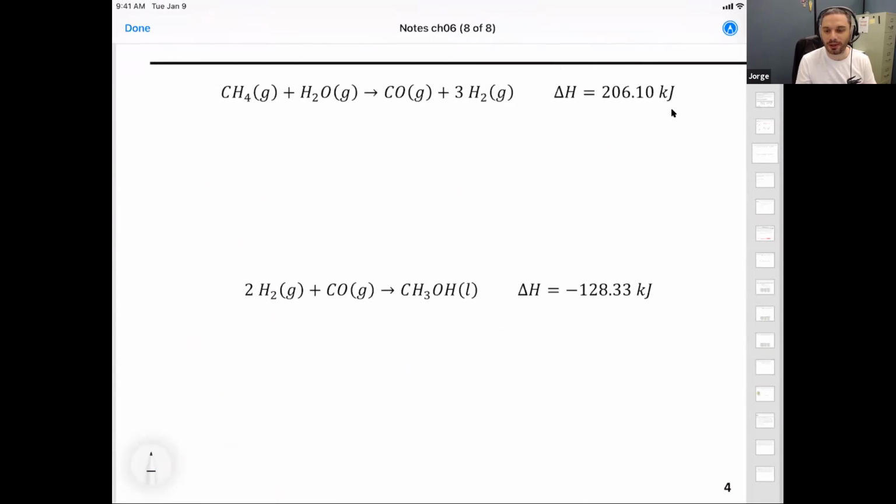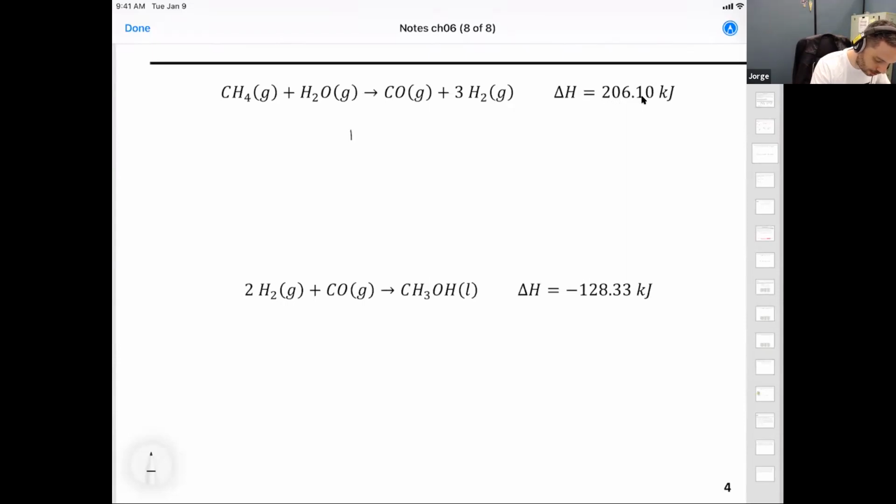And the unit for delta H is always a unit of energy, in this case here, kilojoules. And see here that we have a delta H that is positive, and the magnitude of the delta H is 206.1 kilojoules.